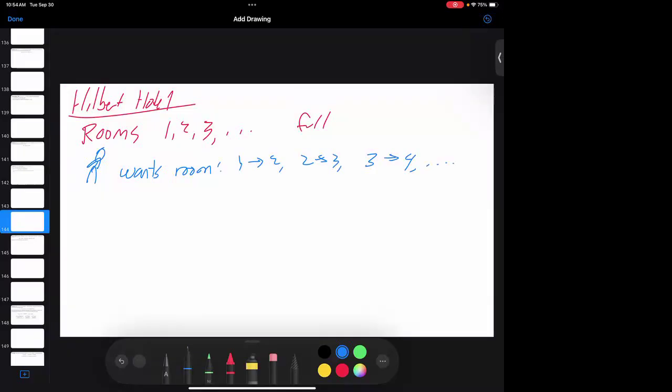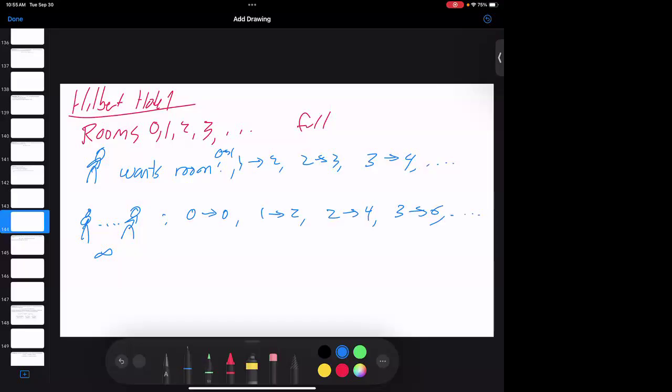So you have two different sets of people, and they can both be in the hotel. You can have infinitely many people arrive, and then you move, I'll start with 0. And you would move 0 to 0, 1 to 2, 2 to 4, 3 to 6, and you can free up infinitely many rooms.